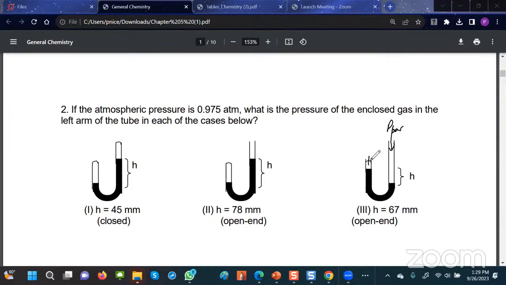Here, you're going to have the pressure of the gas. Based on what you can see, the barometric pressure is equal to the pressure of the gas plus the H. So therefore, to get the pressure of the gas, that will be equal to barometric pressure minus the H. And then, of course, you have to make sure that both of them are in the same unit so that you can do the requisite calculation.